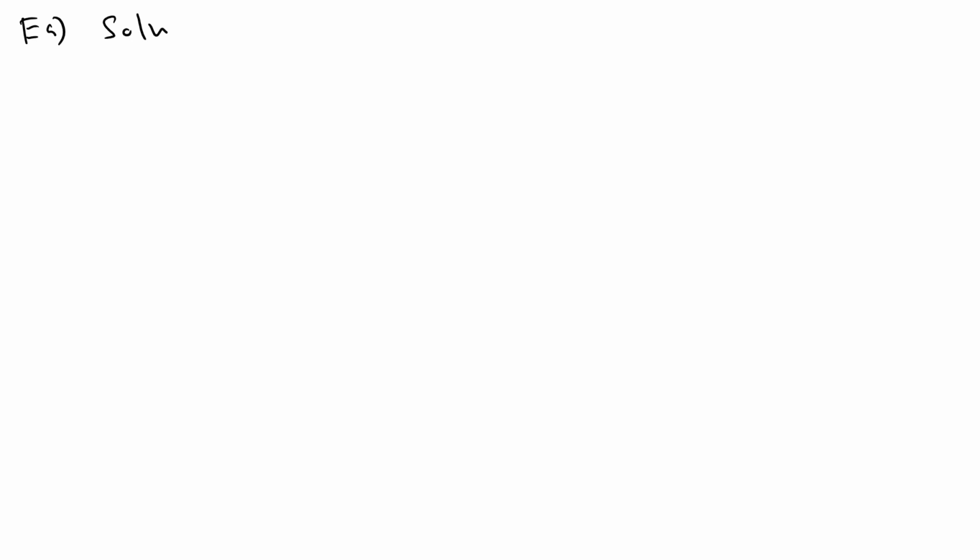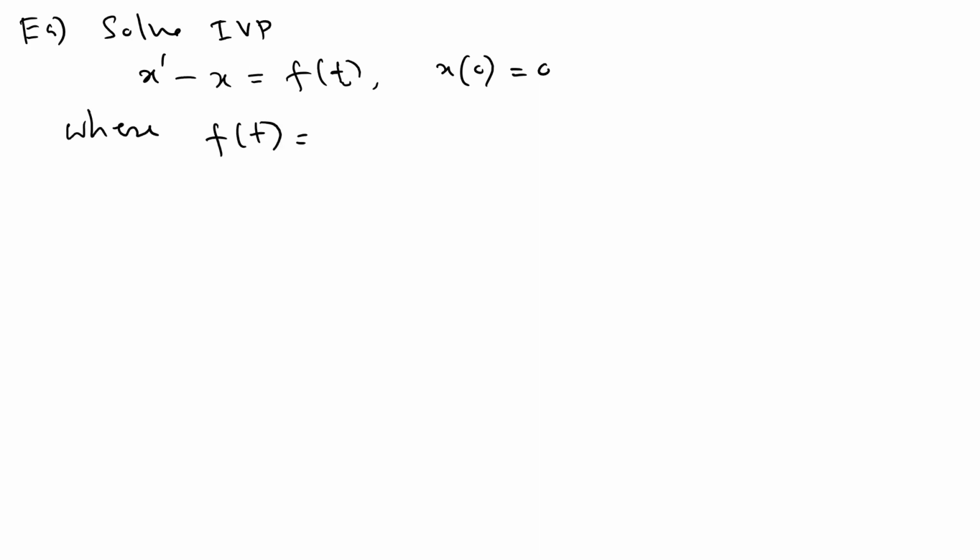Solve the IVP. Let's say x prime minus x equals f(t), along with x(0) equals 0, where the f(t) function is t minus 1 if t is less than 2, and 4 if t is greater than or equal to 2.